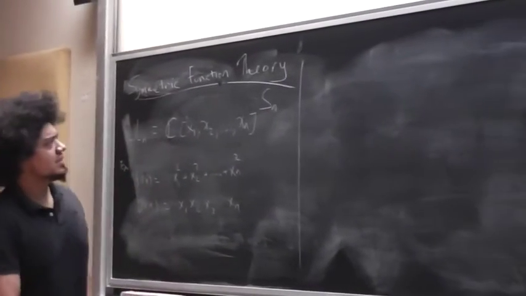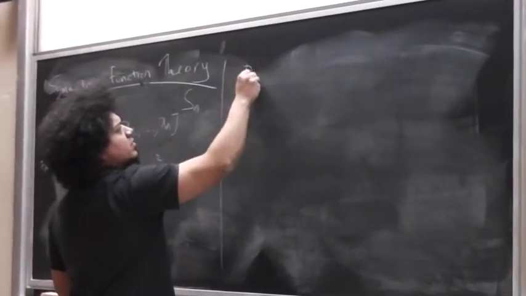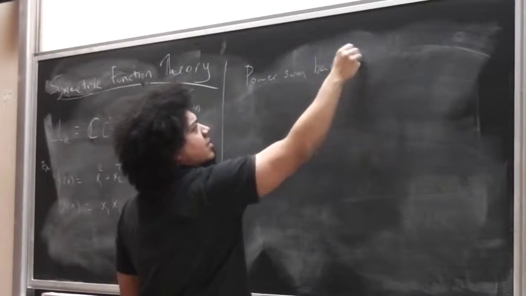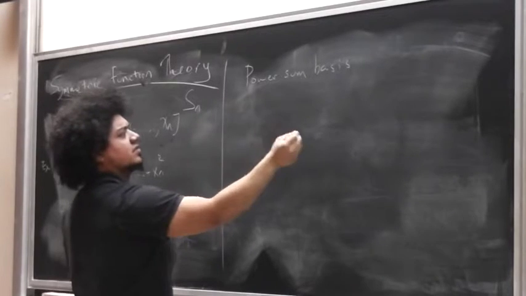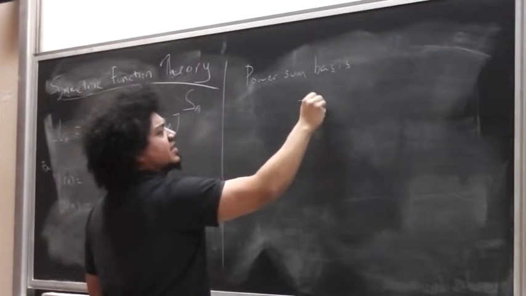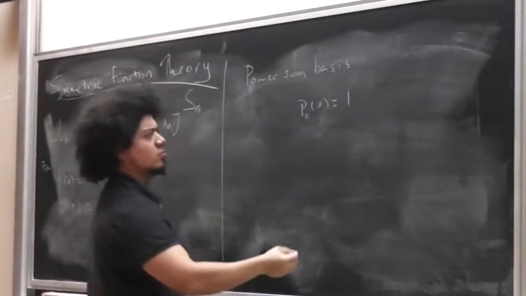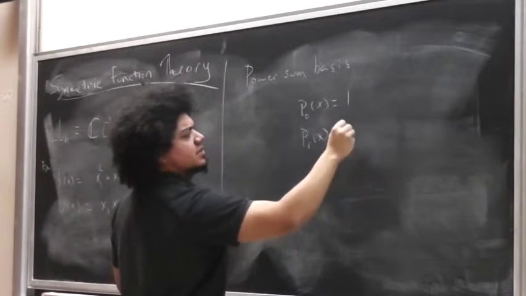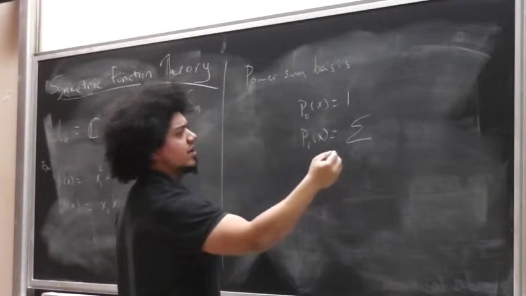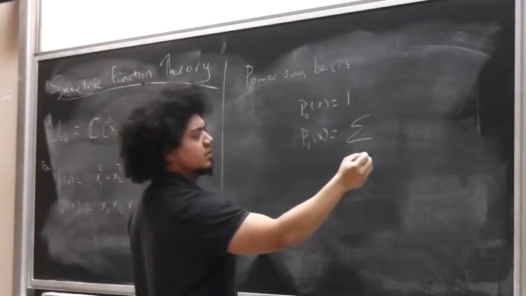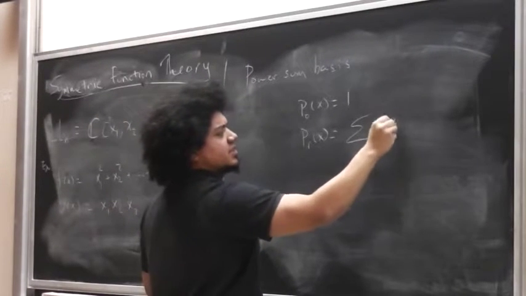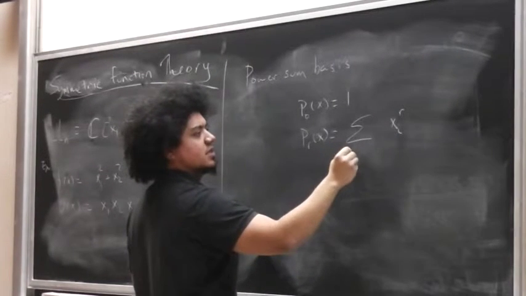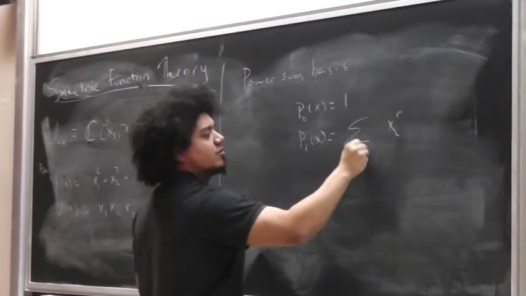The first basis I want to give you is the power sum basis. This is how we produce them. First define P0 of x to be just 1, and then define Pr of x, for r greater than or equal to 1, as the sum of the rth powers, the sum of xi to the r, for i equals 1 to n.